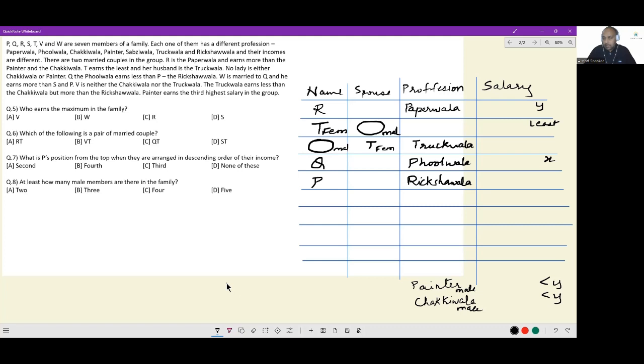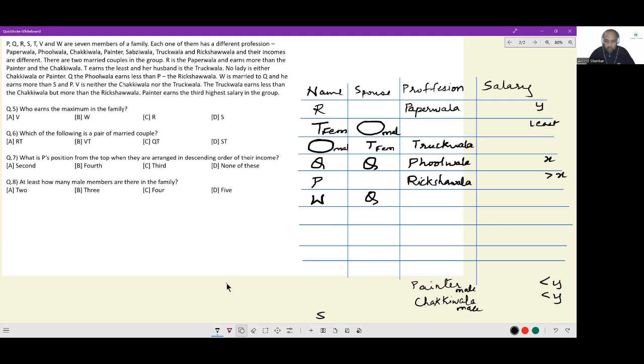Let's say Q's income is X, and P's is greater than X. W is married to Q, which would mean Q is married to W, and W earns more than S and P. Now, we don't know where S is.